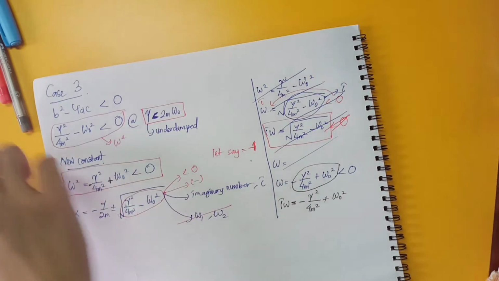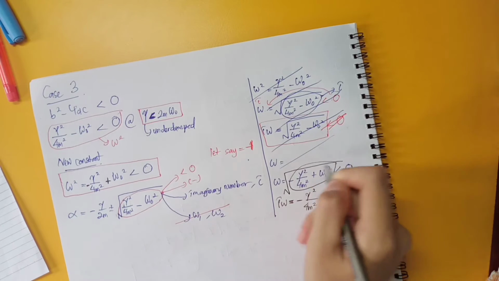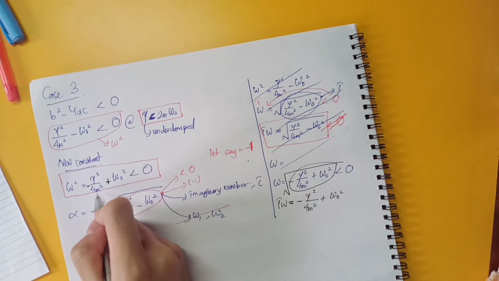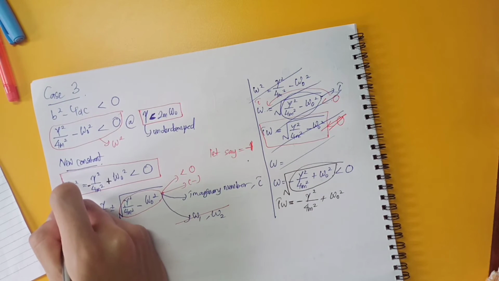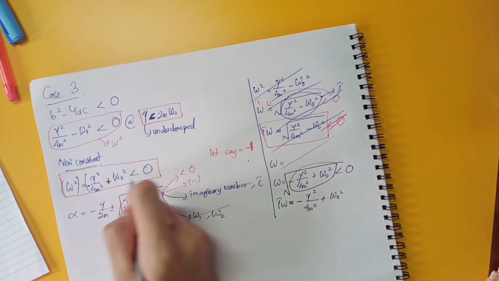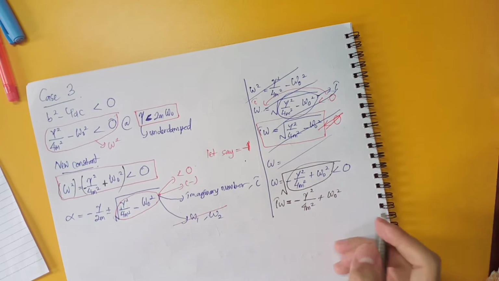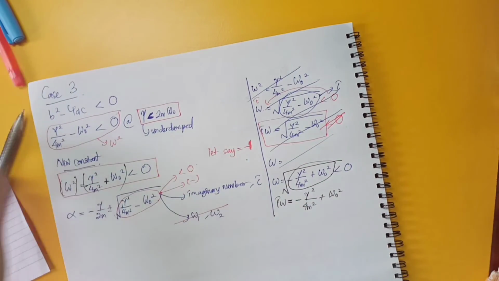This is because we have omega square, and then we take the square root of both sides, and this is what we get. Okay, good. Now let's move on.